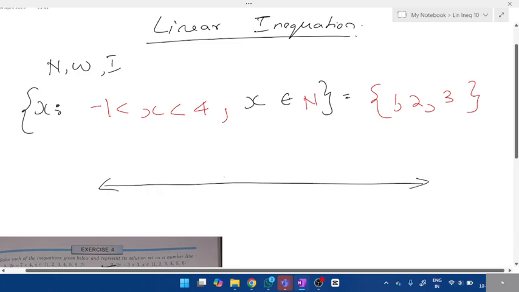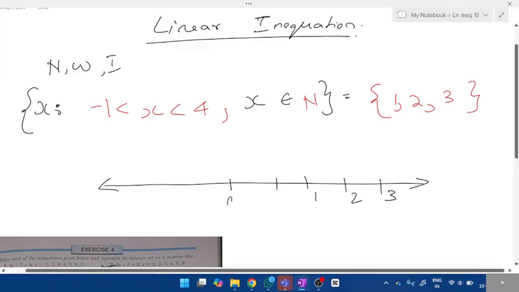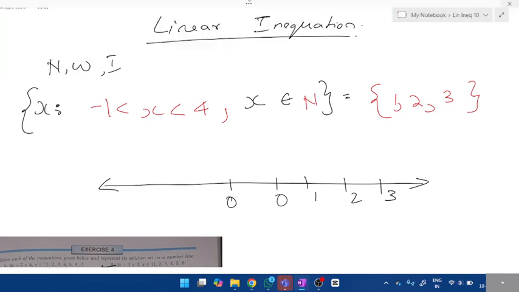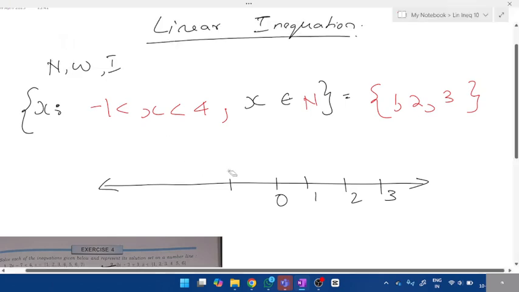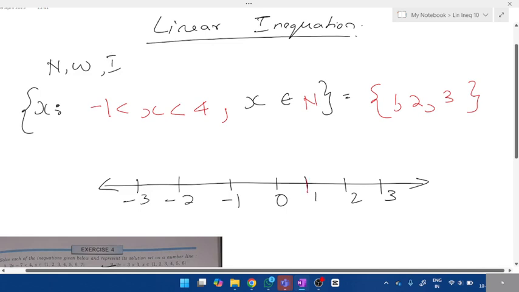Now, how do you plot this on the number line? Start from 0, 1, 2, 3. Write all the values down. And even on the left side, just write 2 or 3 negative numbers for reference: minus 1, minus 2, minus 3. Now, what is the answer we got? 1, 2, and 3, right? So we keep a dot on those.